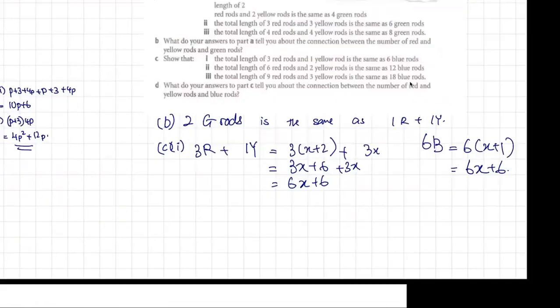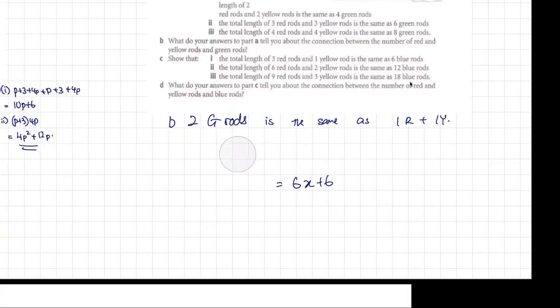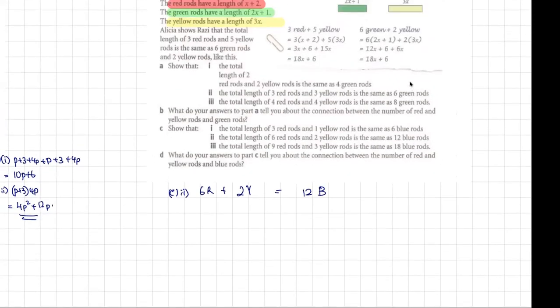Okay, so we're just going to repeat all of it with different numbers. Let me just erase these numbers here. Okay, 6 red is equals to 12 blue. So I'm just going to leave it like this.